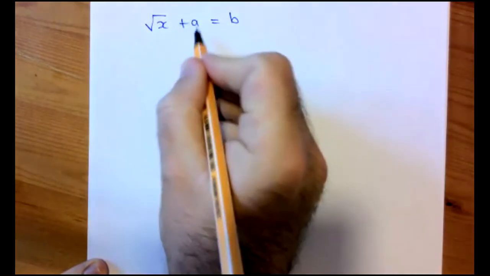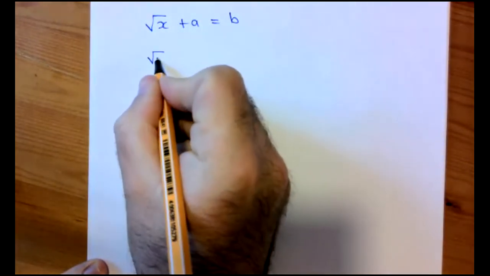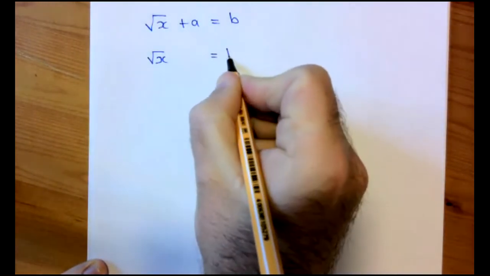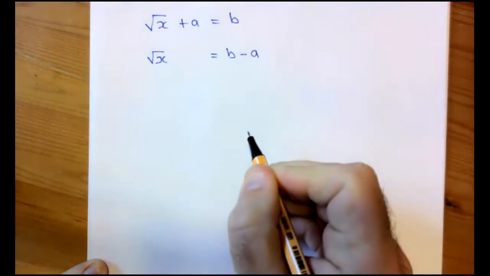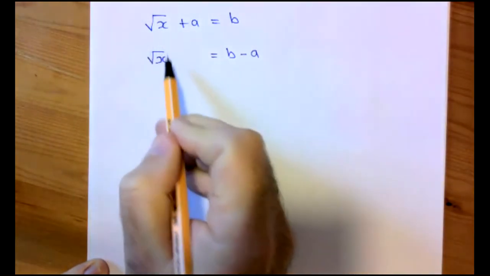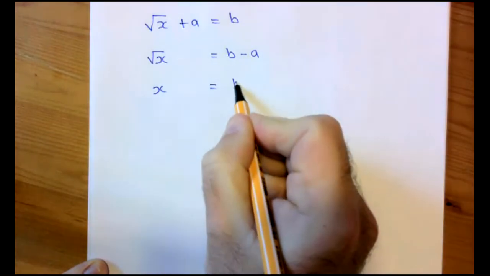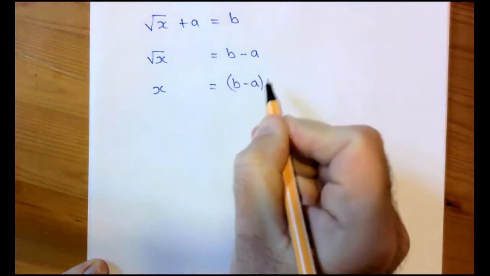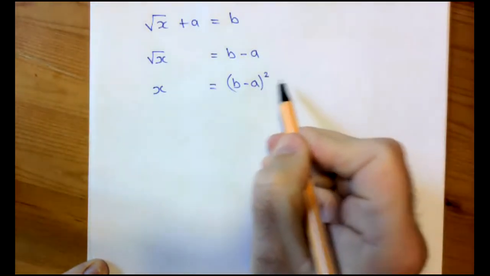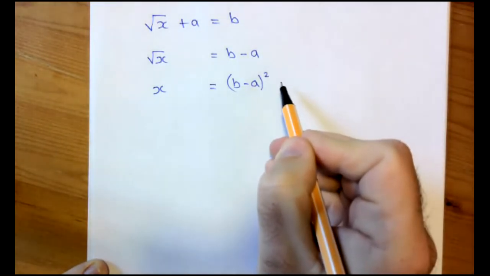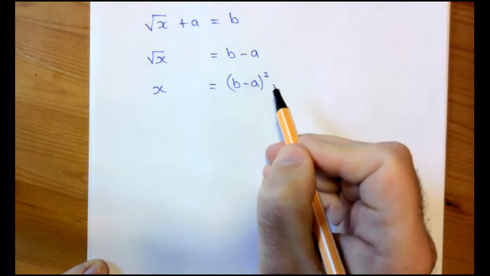So I want to eliminate the a first. So square root of x equals b minus a. Now I want to undo the square rooting, so I'm going to square both sides. b minus a all squared. You don't need to expand the bracket. We can just leave the answer as is.